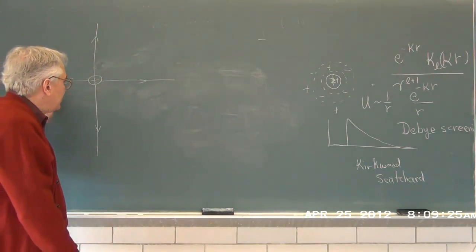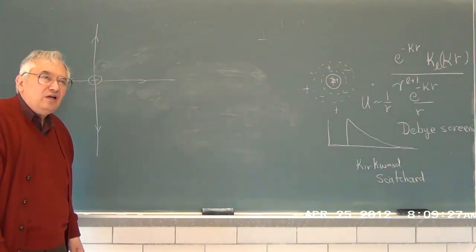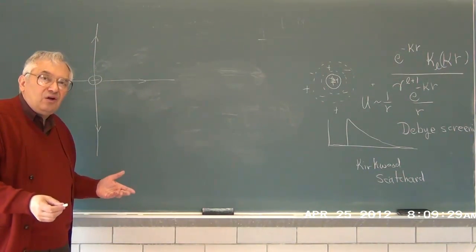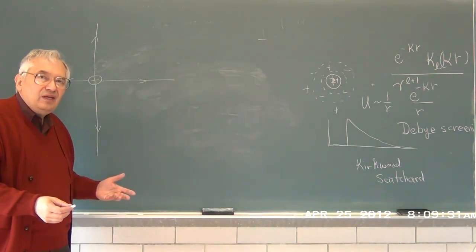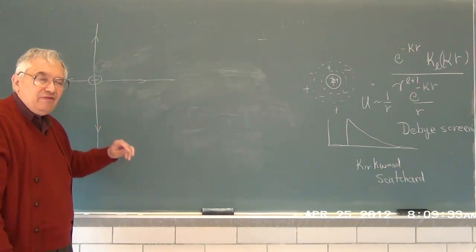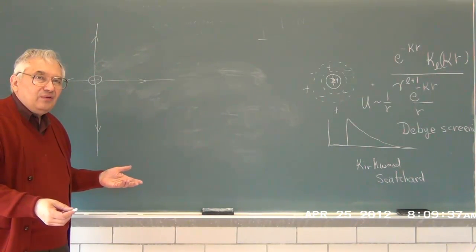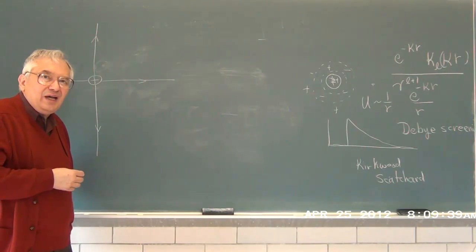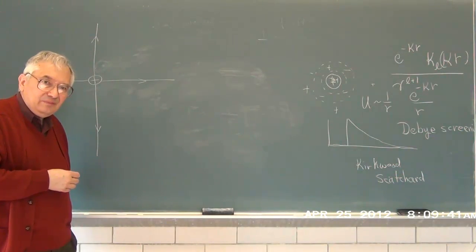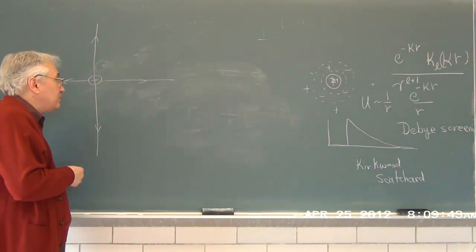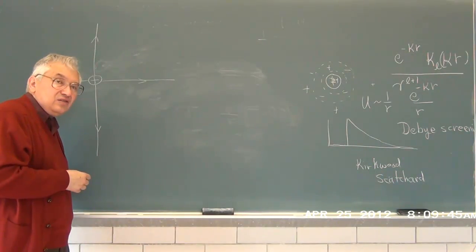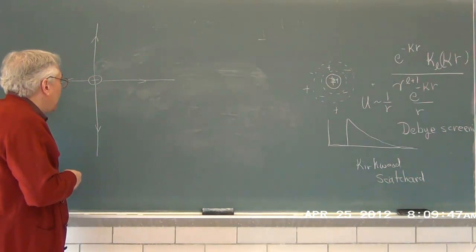Since the surface of a spherical shell gets larger as r squared, the density of field lines falls off as 1 over r squared, which is what you expect. And that's what the field lines, and hence the force, fall off as.